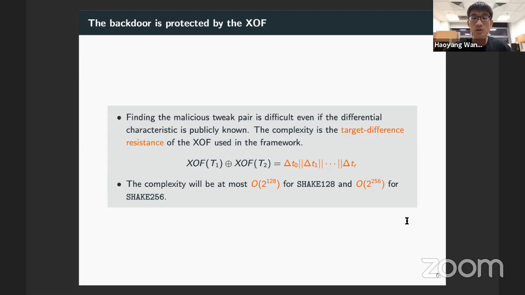That is, given the string of the subtweak difference, the attacker tries to find the corresponding tweak pair, which is the input of the XOF. And the complexity could be very high, as we can see here, if we use SHAKE128 or SHAKE256 as the XOF.